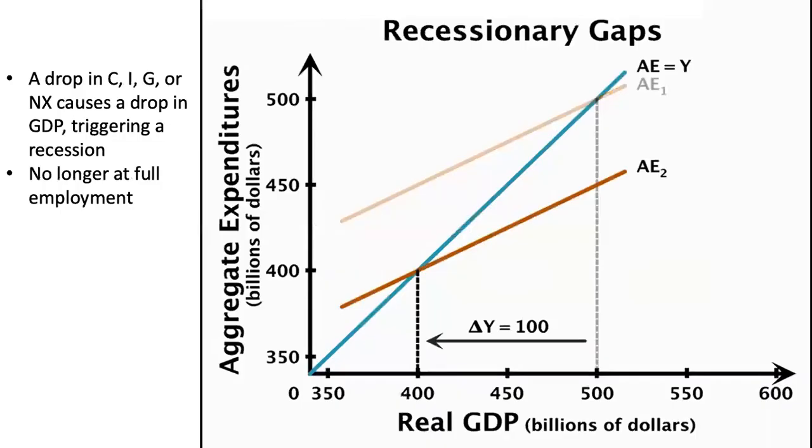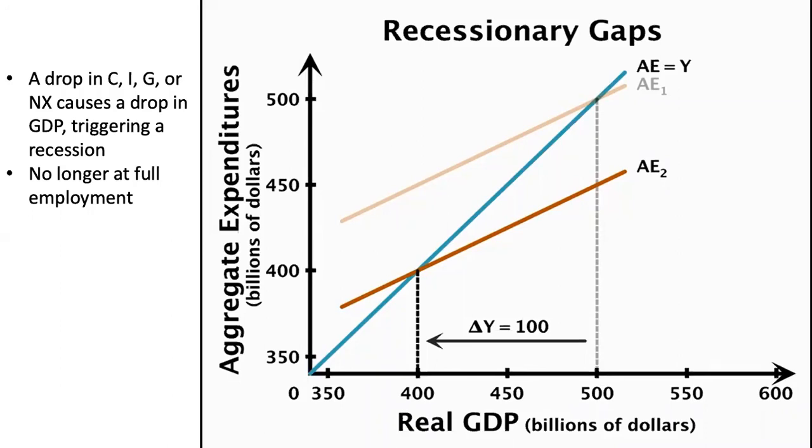Somebody asked me about the recessionary gap. Basically, it's just when we have this expenditure level that's below full employment, and we describe it with a single number. We want to know how big this is, right? It might make sense to you that a recessionary gap of $10 billion is much larger than a recessionary gap of $1 billion.